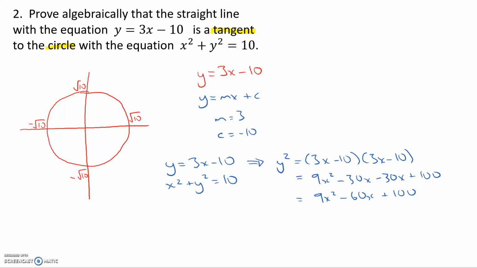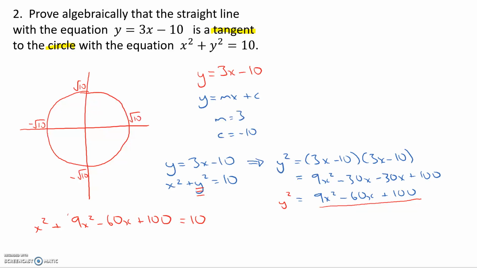And we can then substitute that y squared in for the y squared here, because this is y squared. So we can say, let's go over here, that x squared plus 9x squared minus 60x plus 100 equals 10. So I've taken this and inserted it here.